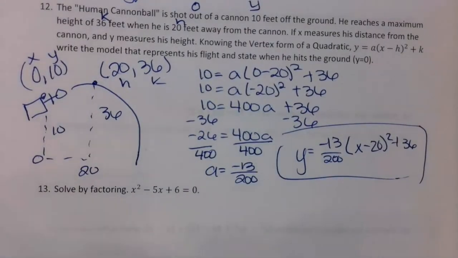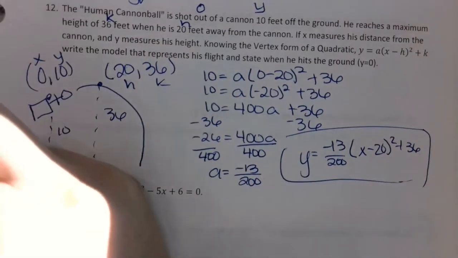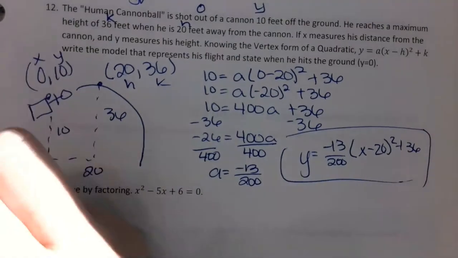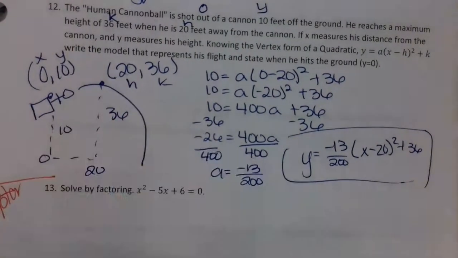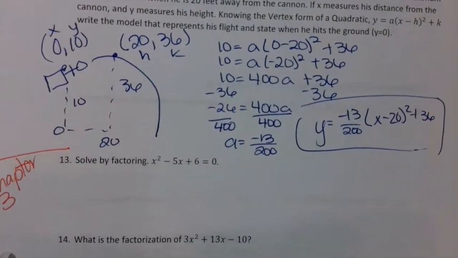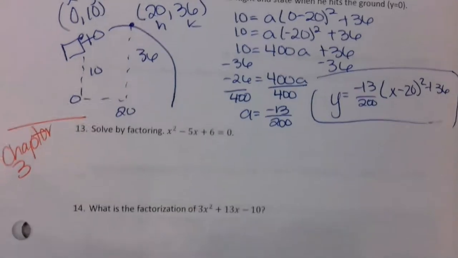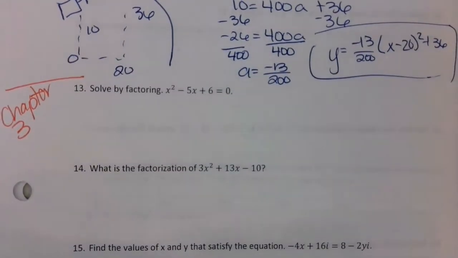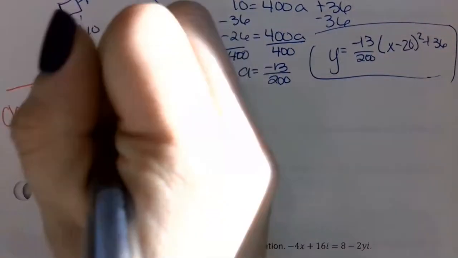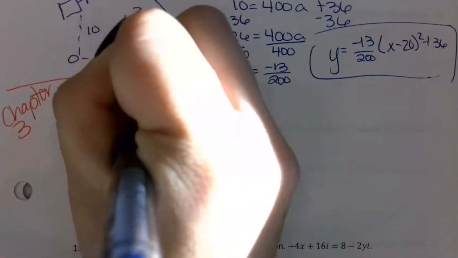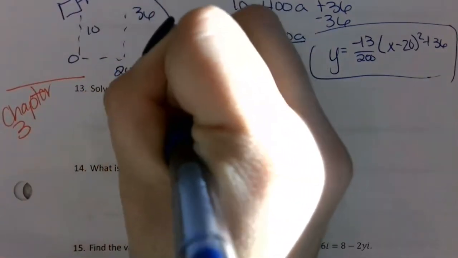Okay. Starting with 13, this is chapter 3. That's off the screen. Okay. And then this one I'm looking for what multiplies to 6 when I'm factoring and adds to negative 5. It's going to be negative 3 and negative 2.